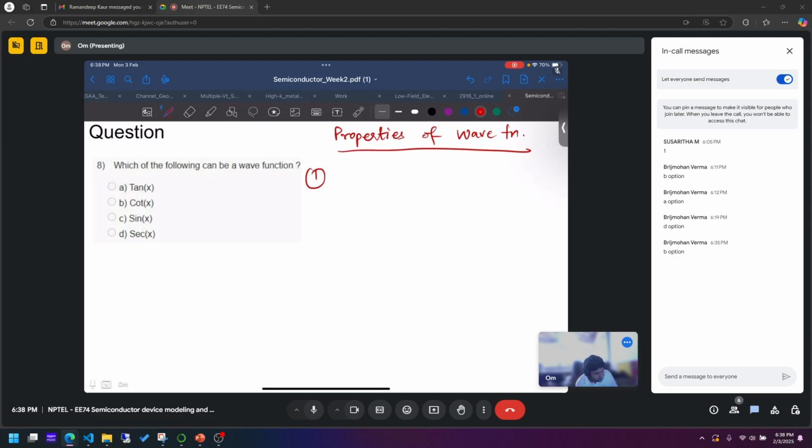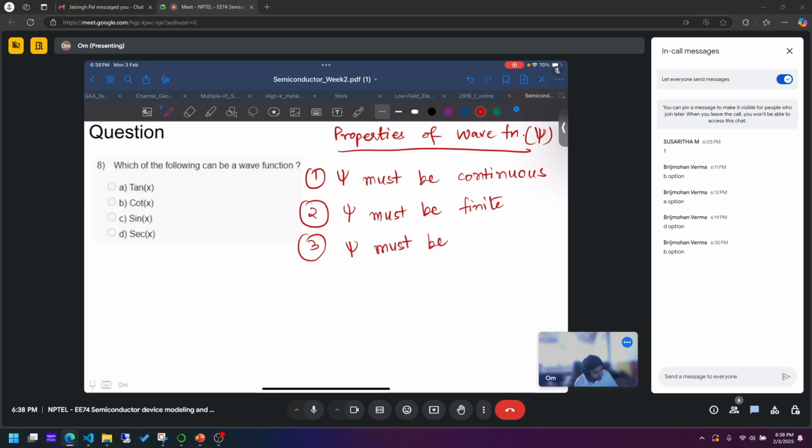First one, the wave function, I'll call it psi, must be continuous. Second, psi must be finite. Third, psi must be single valued. The fourth one is the integral from minus infinity to infinity of psi star psi, which is what you said, must be equal to 1.